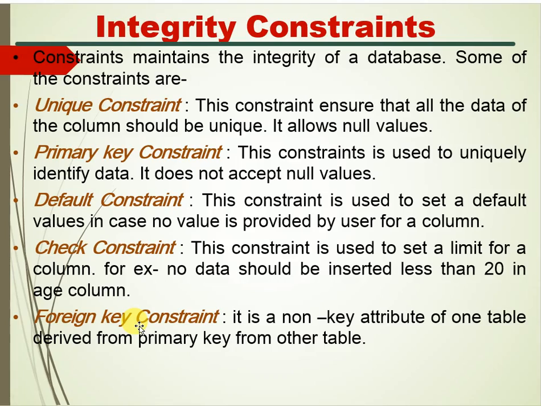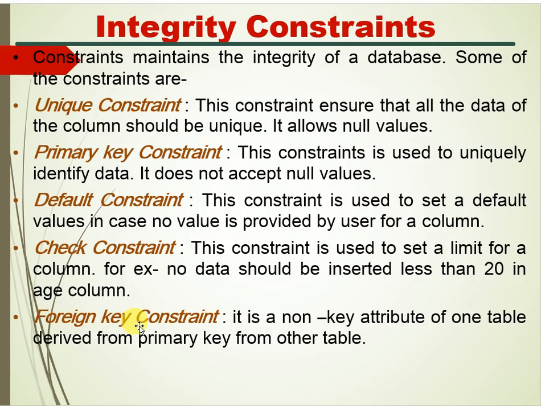Foreign key constraint. It is a non-key attribute of one table derived from the primary key of the other table. So these are some integrity constraints we can apply while we are creating the table to restrict the user.